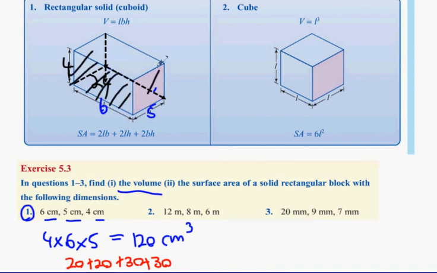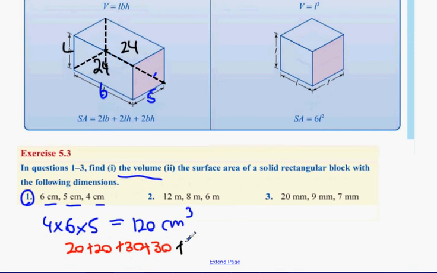And then the other 24 is the side at the back. So they're both worth 24. So what's the last part then? Plus 24 plus another 24. 48 plus 60 is 108. 108 plus 40, 148. Is it centimeters, centimeters squared, or centimeters cubed?